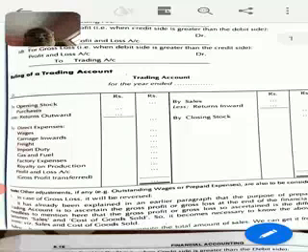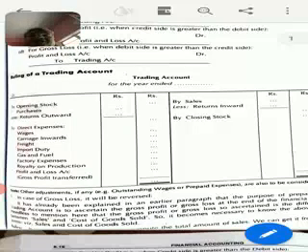Now a few important points to be discussed for this trading account. First, closing stock. Closing stock is to be valued at cost or market price, whichever is lower. Mind it, I am again repeating it, it has to be valued at cost or market price, whichever is lower. And here I have not mentioned any adjustment, but in books there will be adjustment.